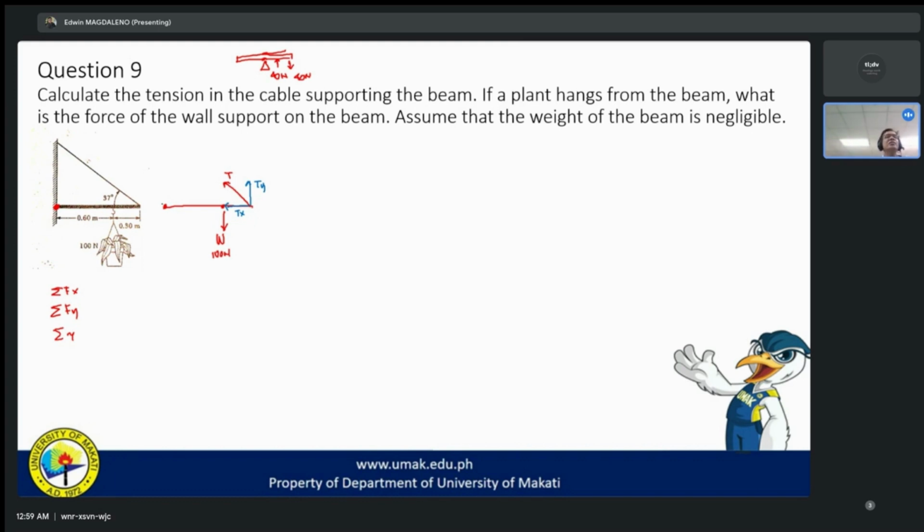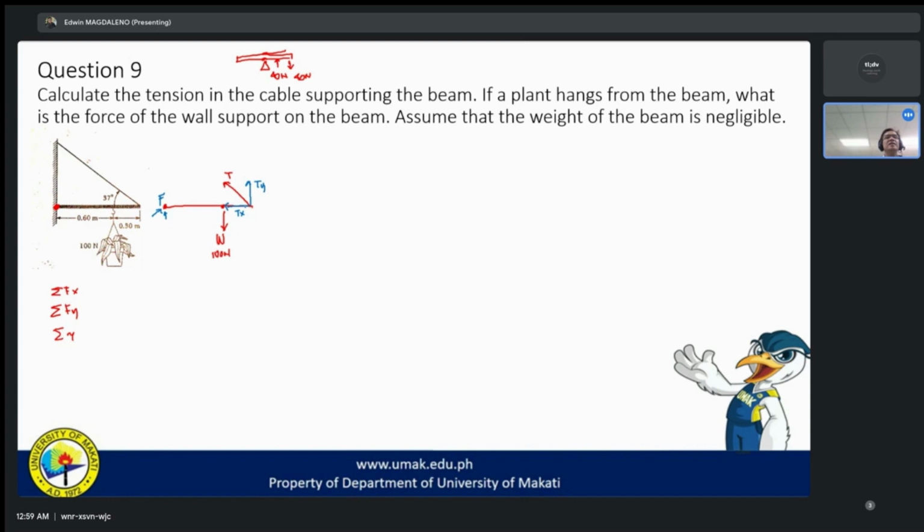Like kunyari, ito yung pinto. Let's say ito yung swing. Mag-apply ka ng force dito, walang epekto kasi dumaan siya sa fulcrum. Ganun din kay X. Any angle, pag dumaan sa fulcrum, walang epekto dahil sasaluhin lang siya sa fulcrum. Katulad nitong X, kung i-project natin to, that P sub X will pass through this fulcrum. Ito kasi yung fulcrum niya.